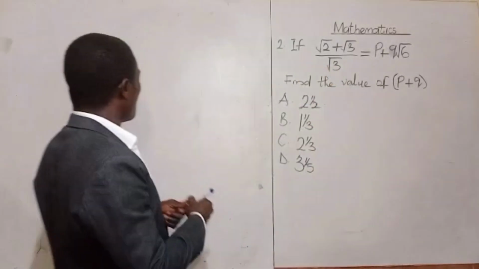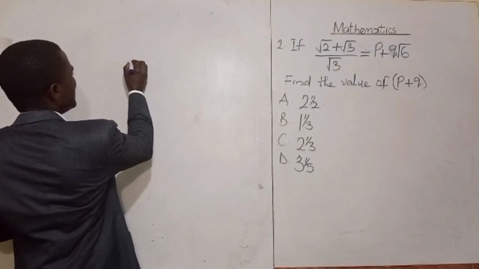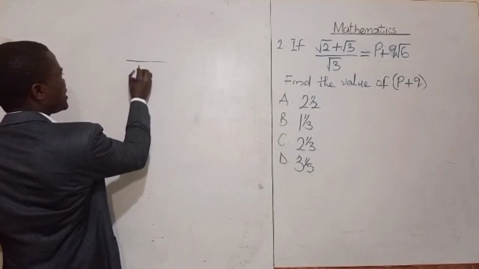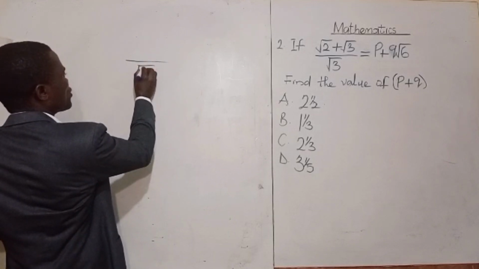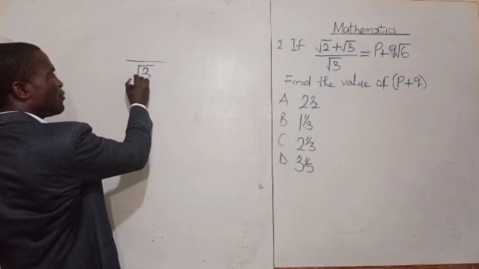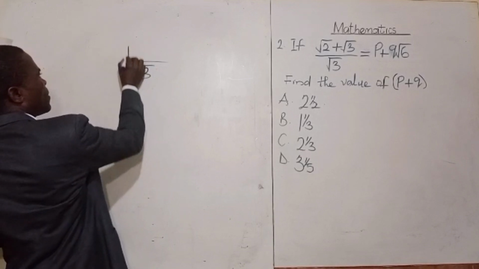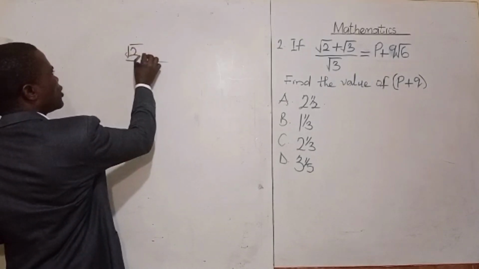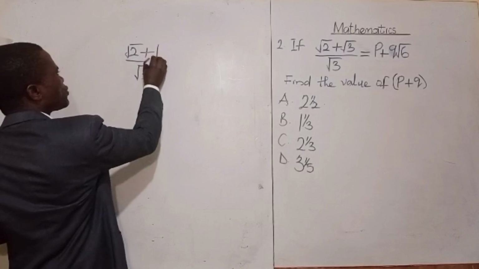Whenever you are having a number and the denominator is in square root form or surd form, it is forbidden mathematically. So what are we going to do to remove this square root?